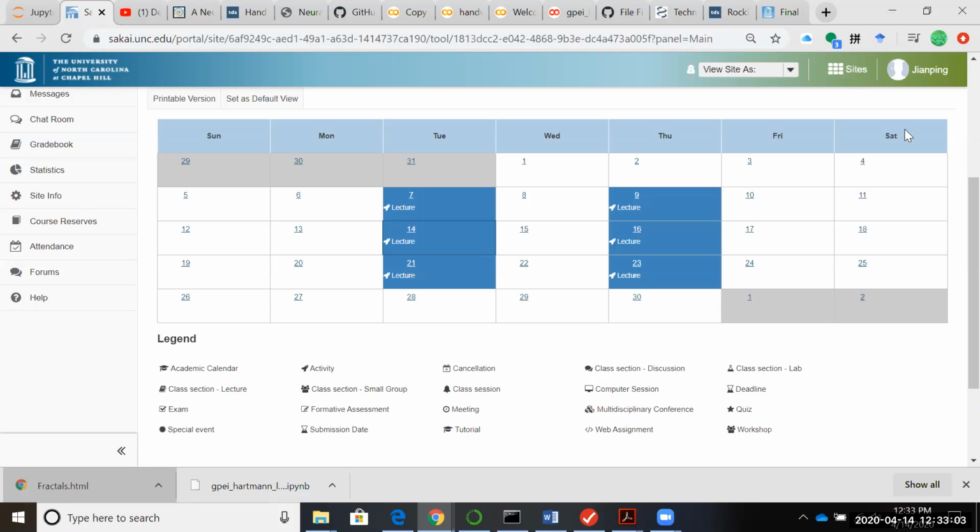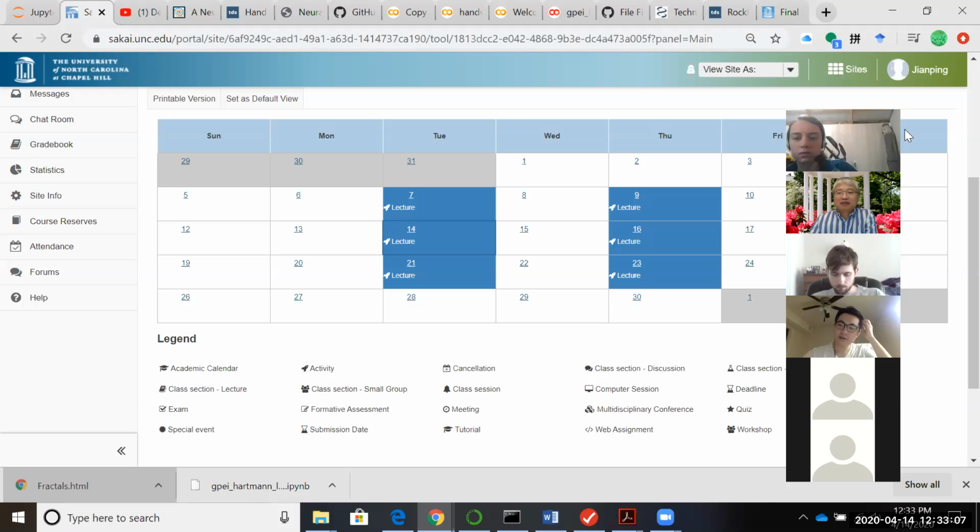What topic is going to be covered in the final? The final exam will cover the book itself. It will not cover the AI part. It'll be whatever lectures we went through, and we tested most of them in the midterm.